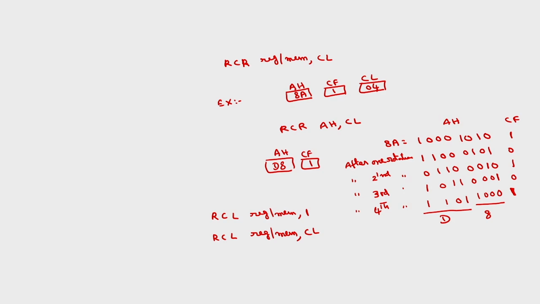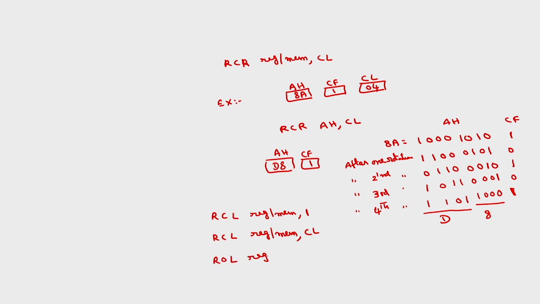So there are about 4 rotate instructions through carry. 2 instructions will be for single bit rotation and the other 2 instructions will be for multiple bit rotations, but all the 4 instructions will be through carry. And if you want to perform this rotate operation without carry, there are 4 more instructions, which will be ROL. They correspond to RCL, there is an instruction called ROL.